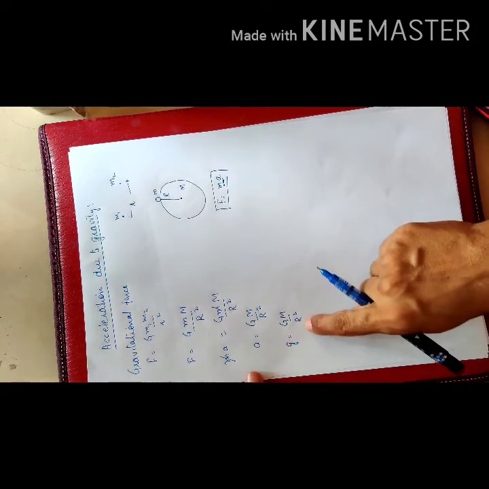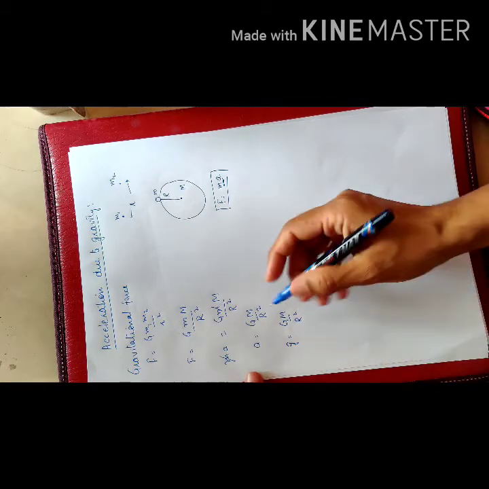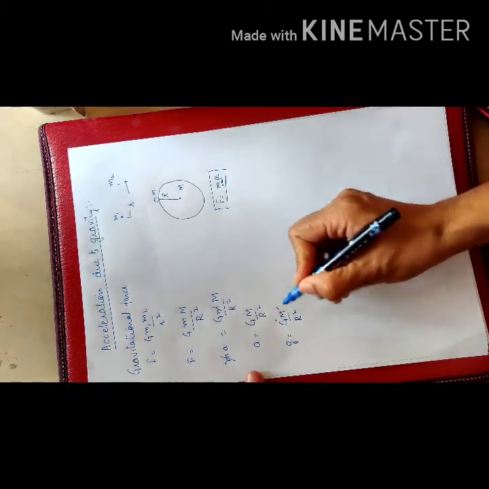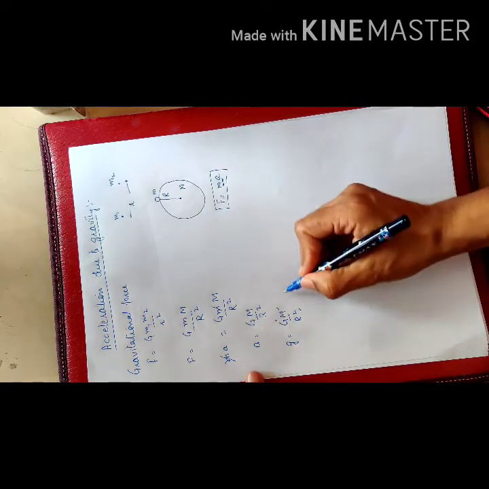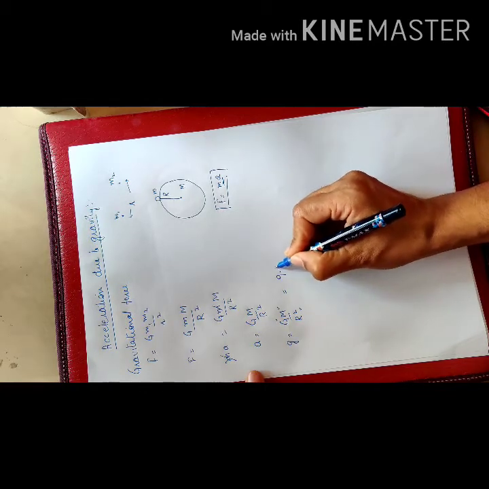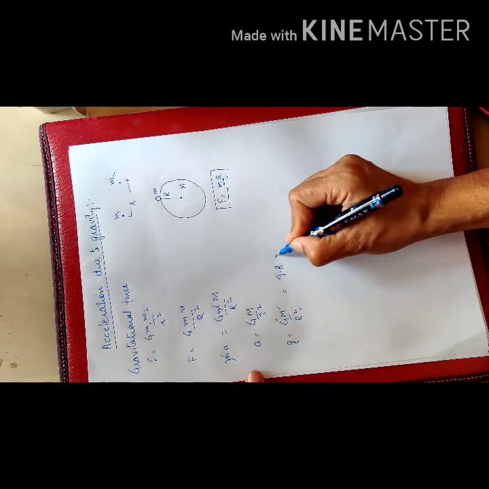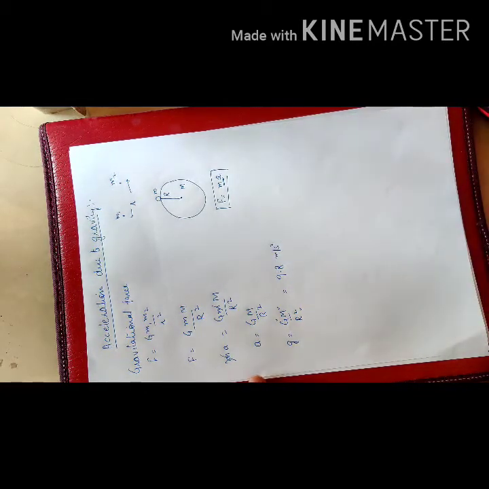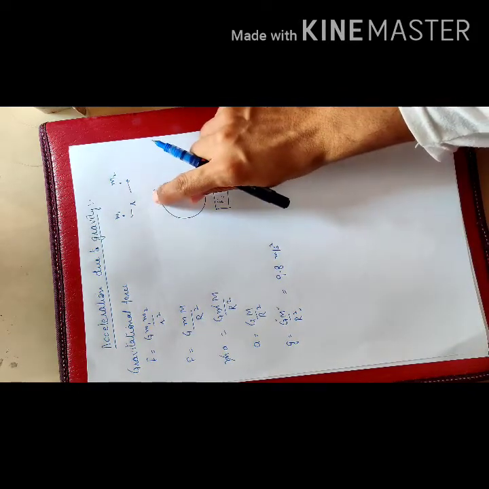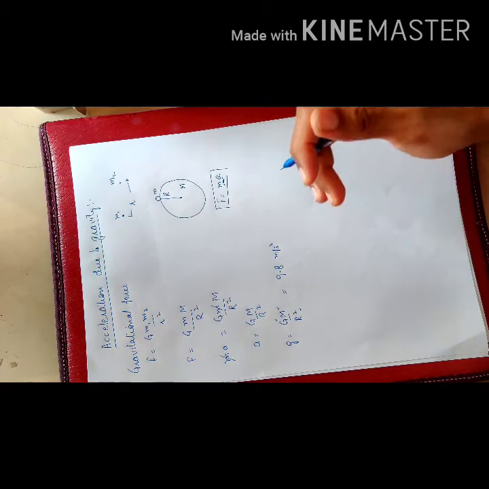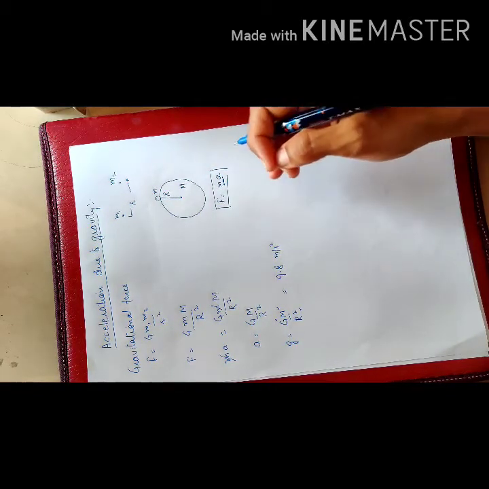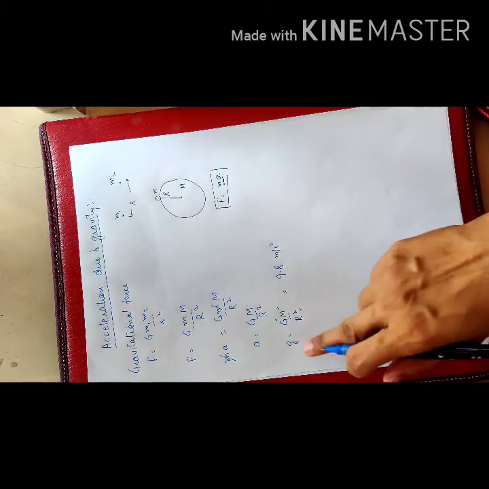We can find its value by putting in the value of G, the gravitational constant, the mass of the earth and the radius of the earth. By putting all these values, we get its value as approximately 9.8 meter per second square, and this value is on the surface of the earth or near the surface of the earth. If we go higher above, or inside the earth, the value of g may vary.